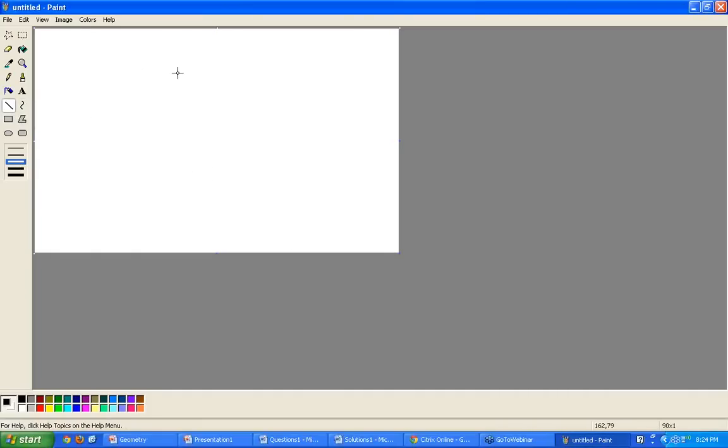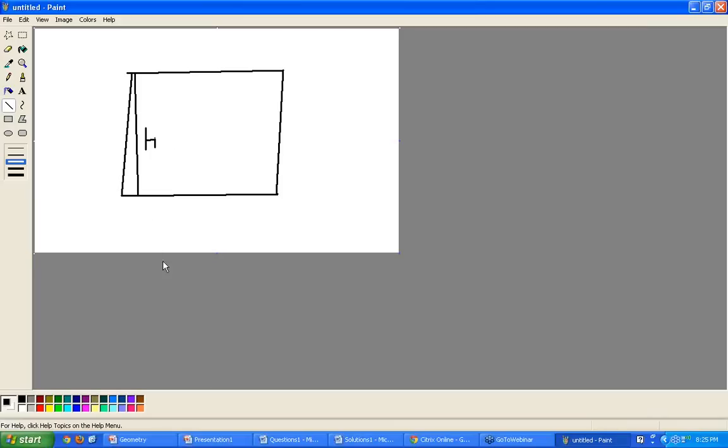So if this is a parallelogram, if we take this vertex and we drop a perpendicular from here, this figure would be H. This is H, this will be the height, and this would be the base.